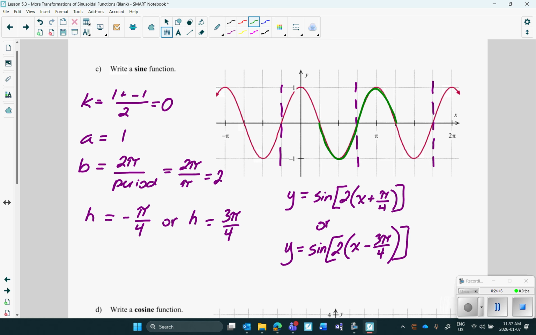So another one that would work is negative sine 2(x minus pi over 4). You could put in negatives if you want to. There's infinite answers. You guys should know that by now. We're reaching the point in math where there's not just one answer anymore. There's more than one answer.